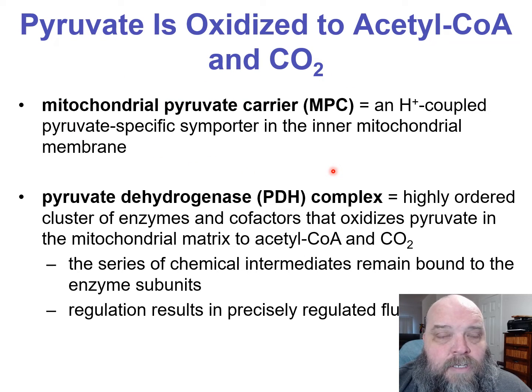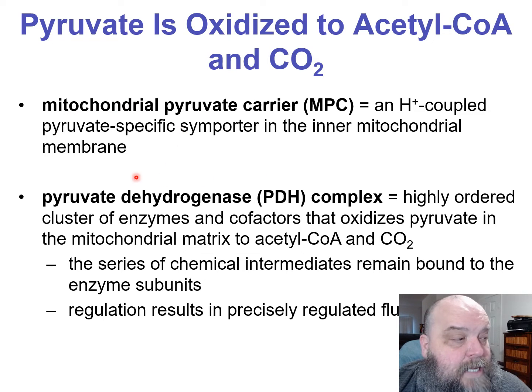A symporter is a type of transporter that usually couples the movement of hydrogen through the transporter from extremely high to extremely low concentrations, just basically going down the concentration gradient. A symporter couples the movement of the hydrogen with something else. Here, this carrier couples the movement of hydrogen with the transport of pyruvate across the outer membrane.